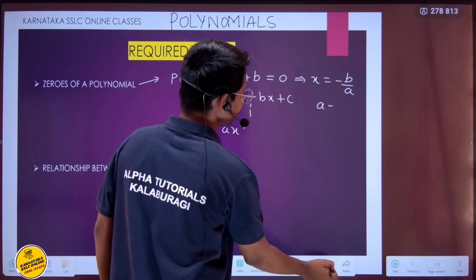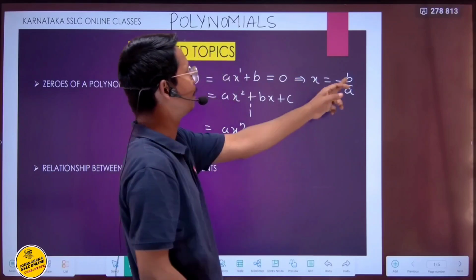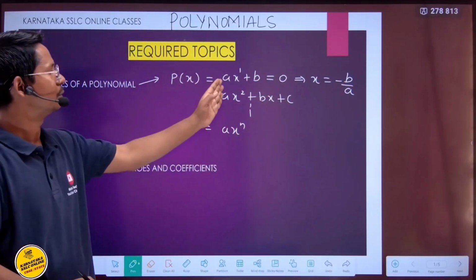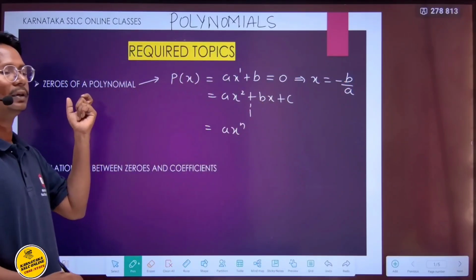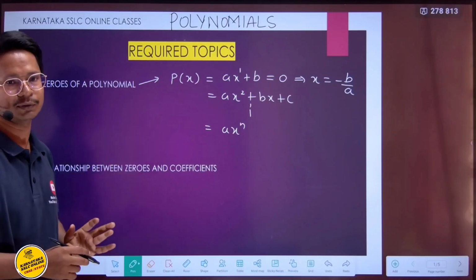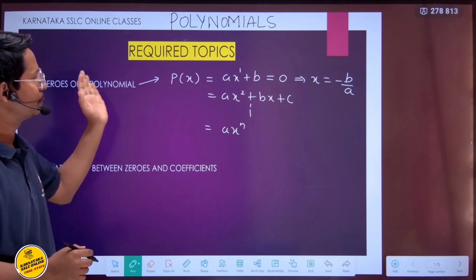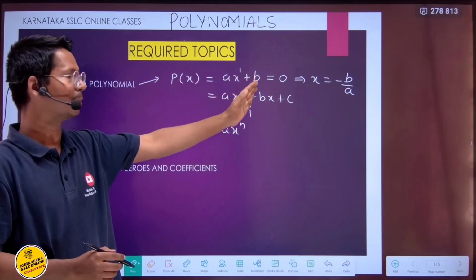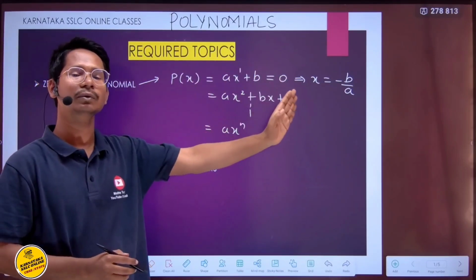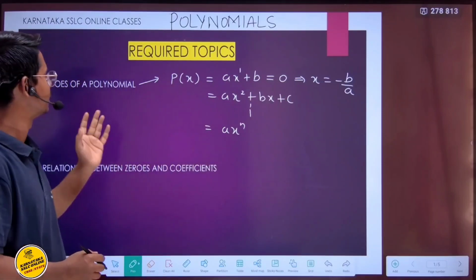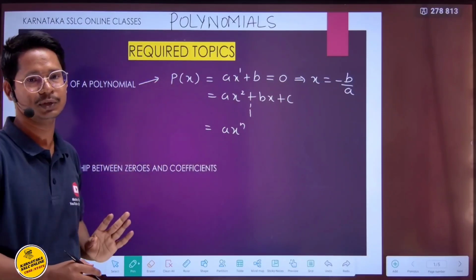So here x takes the value minus b by a. The values which, when you put in the polynomial, give the answer as 0, are called zeros of a polynomial.